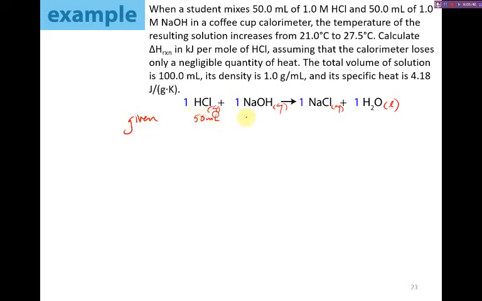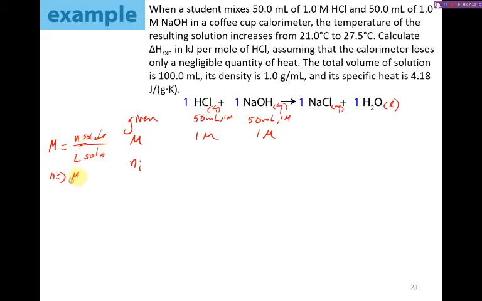We've got 50 milliliters each, sodium hydroxide and water, and they're both 1 molar. We will use the molarity to find the moles. Remember that molarity is equal to moles of solute per liter of solution.